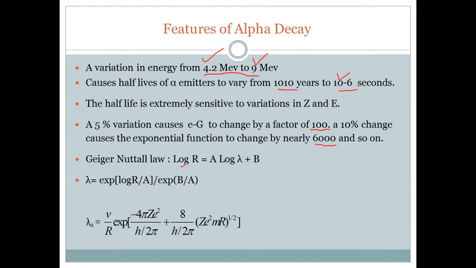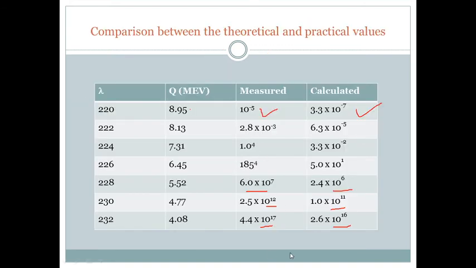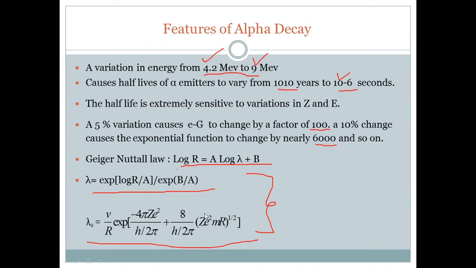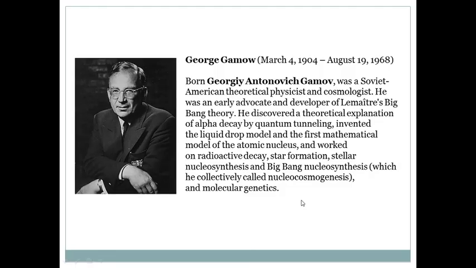So the Geiger-Nuttall law is this. I express it in this form, and you compare it with the Gamow theory, and both of them are matching, and I have just shown you how good the two are. So the explanation of the Geiger-Nuttall law was given by Gamow, of course he and 3 others of his colleagues from different parts of the country, different nationalities, they won the Nobel Prize.